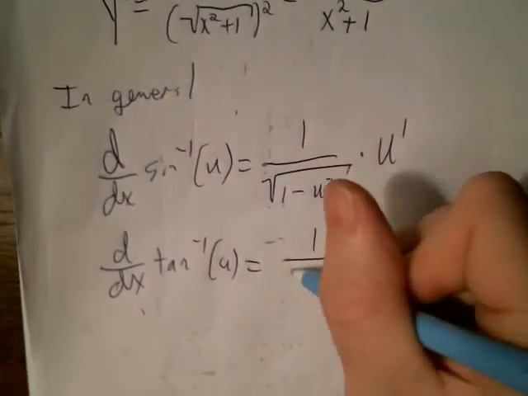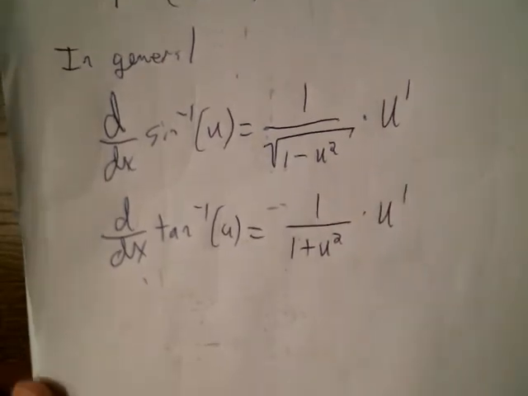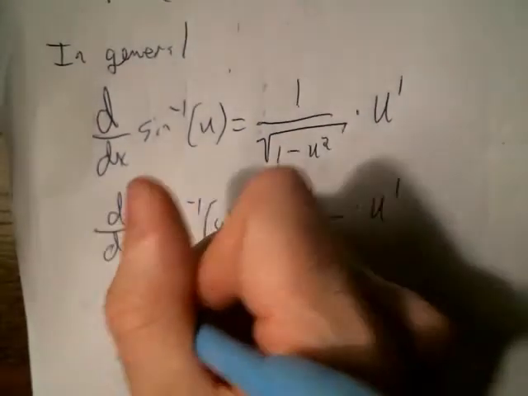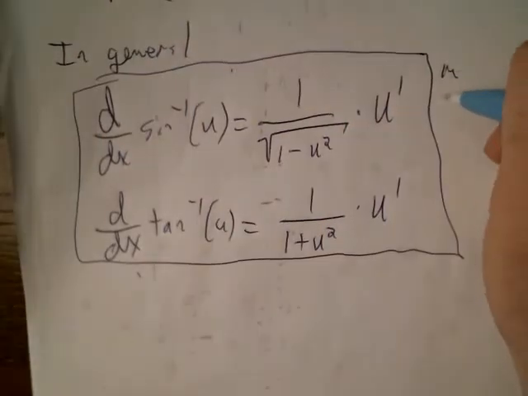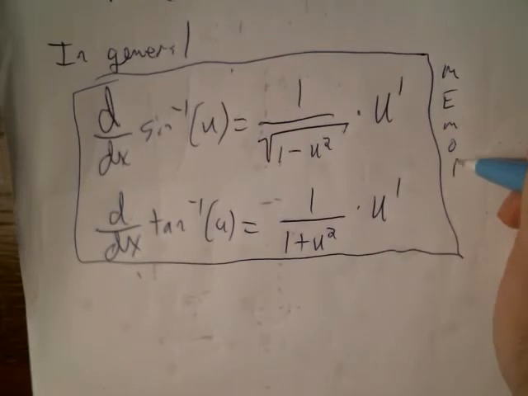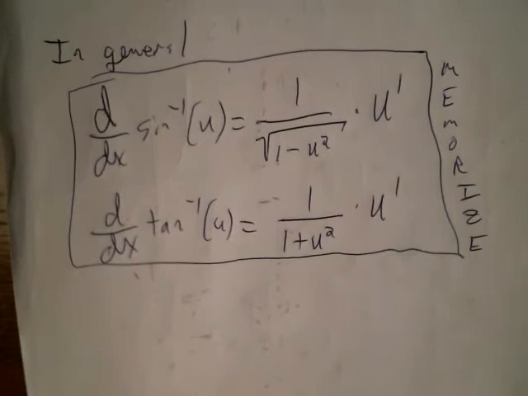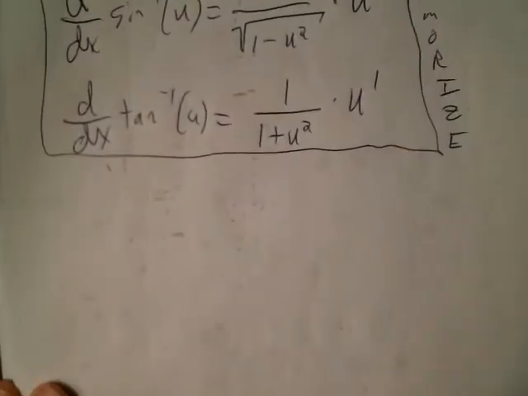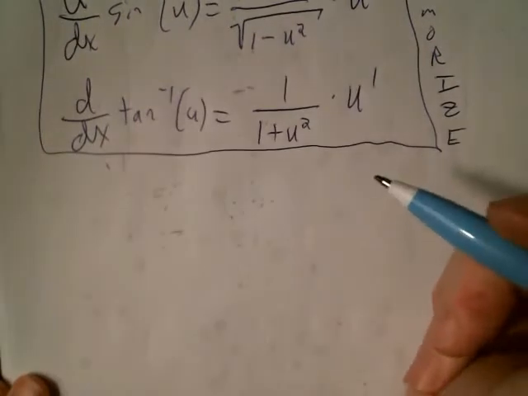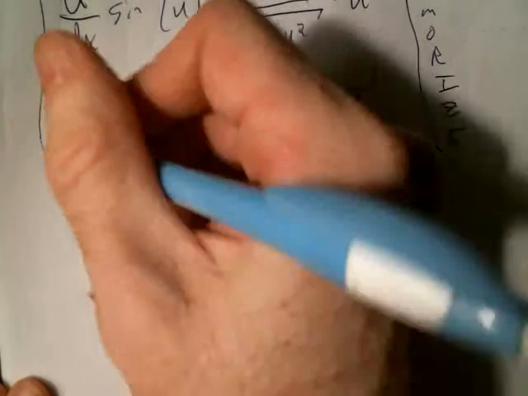That'll be 1 all over 1 plus u squared times the derivative of u with respect to x. So these are the ones you've got to have memorized. They come up again and again, and your familiarity will help you get your homework done a lot faster, and do well on tests, obviously.